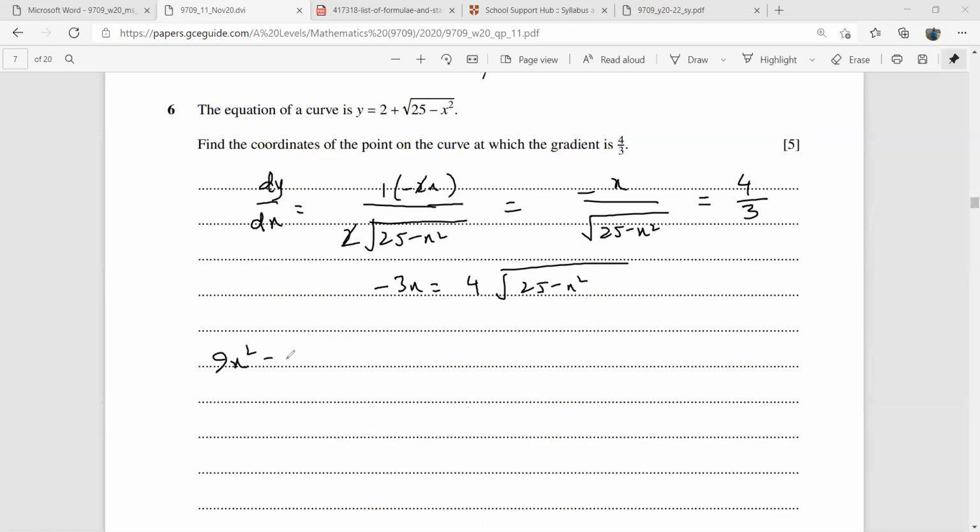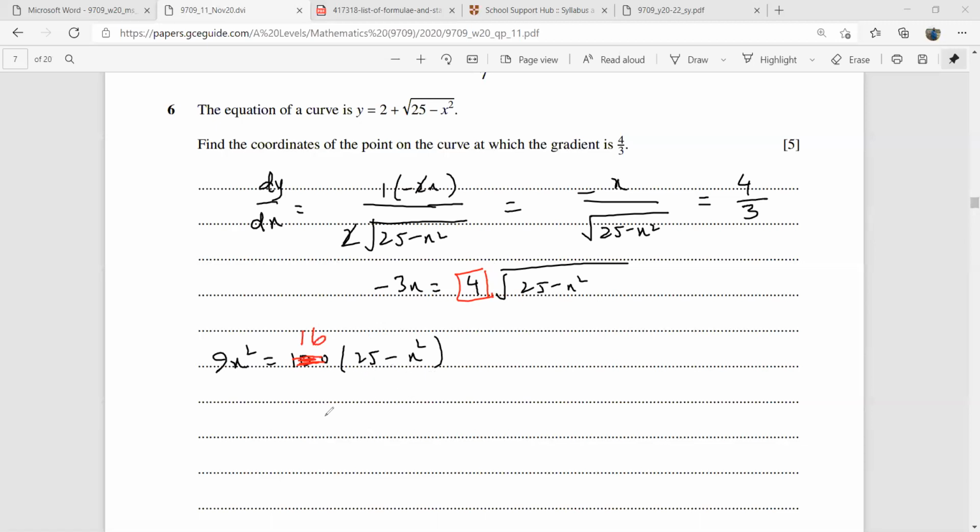There is a very common mistake again: when you square both the sides, you forget to square this term which is outside the square root. So the square has to be applied onto this as well. Why did I write this 100? Oh, this has to be 16. So this is 16 into this.